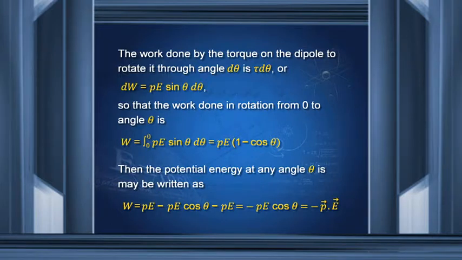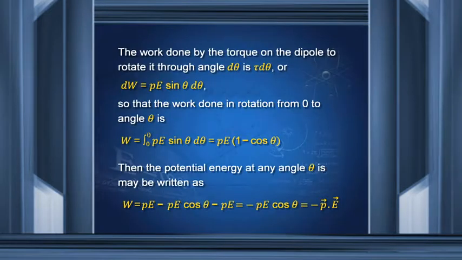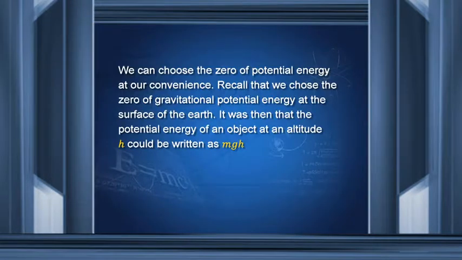So, it is minus PE cos theta, which is minus P dot E. That is the potential energy of the dipole when it is displaced through an angle theta from the original position. Remember that we can choose the 0 of potential energy. I have explained this so many times, because it is the potential difference that matters. So, 0 does not matter.